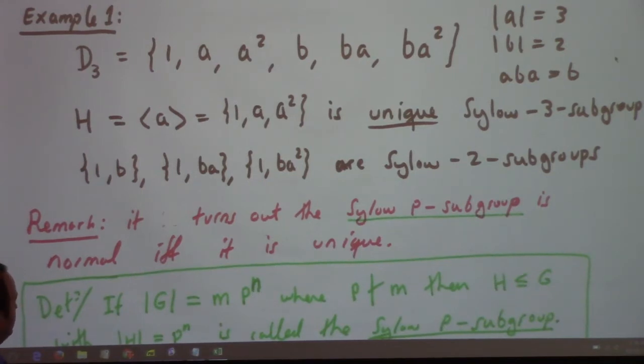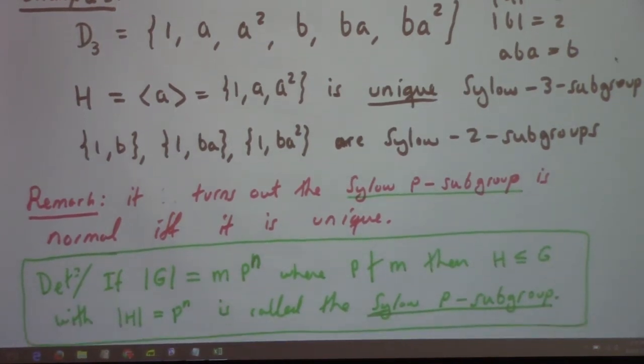And in contrast, these down here are all Sylow 2 subgroups. In this case, the n is just 1. It's more exciting when n is more than 1, but still, examples.